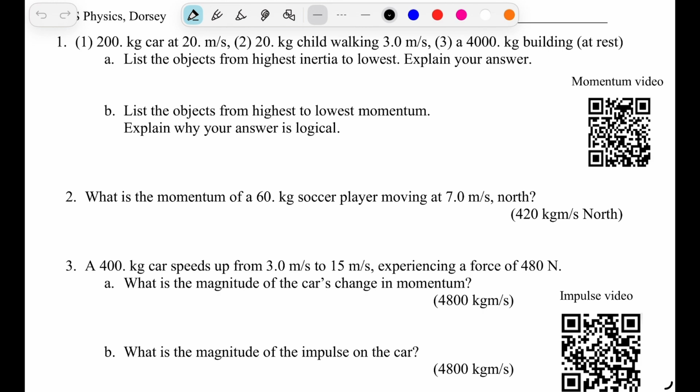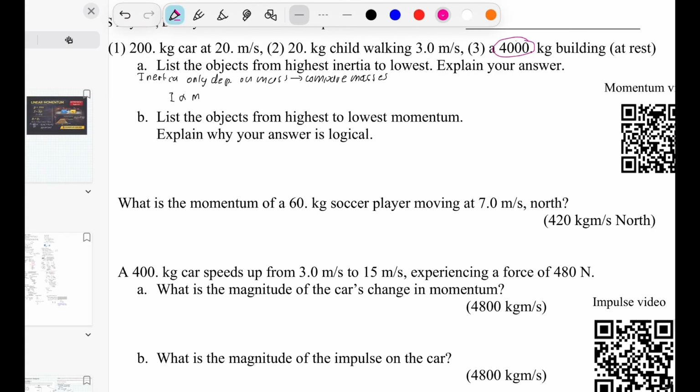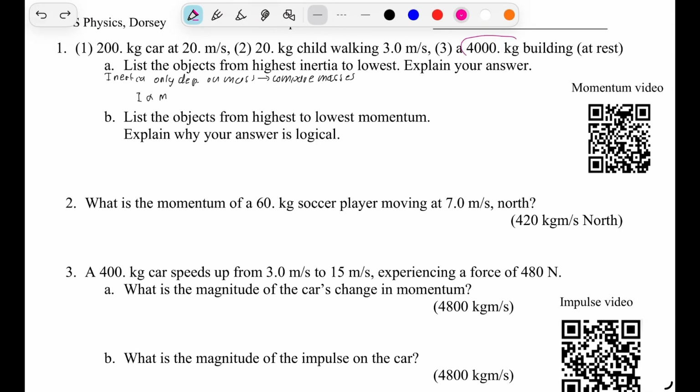Okay, so we know that inertia only depends on mass. So you can represent this as I is proportional to m. Essentially, you just compare masses. Our building is 4,000 kilograms.